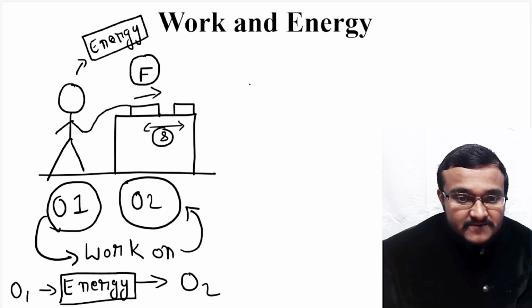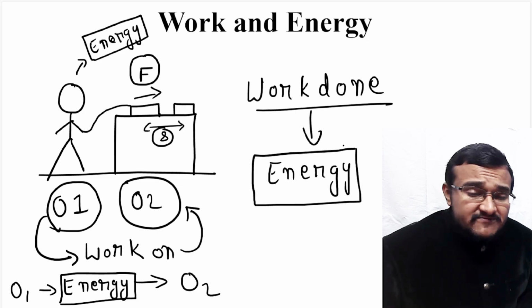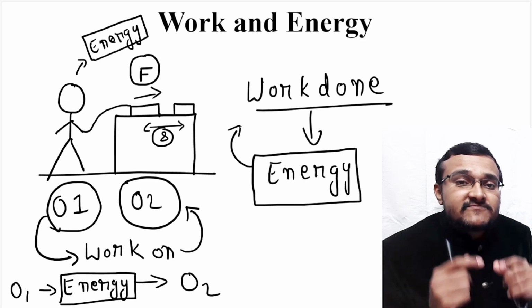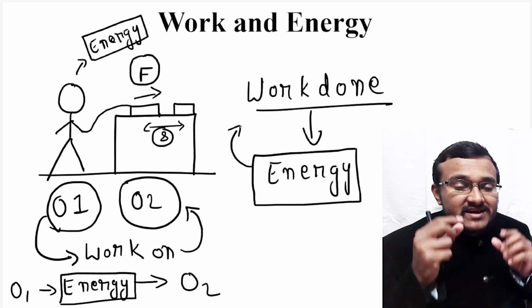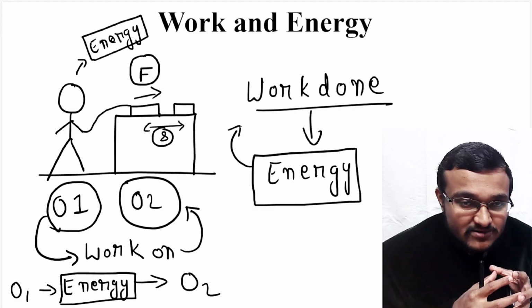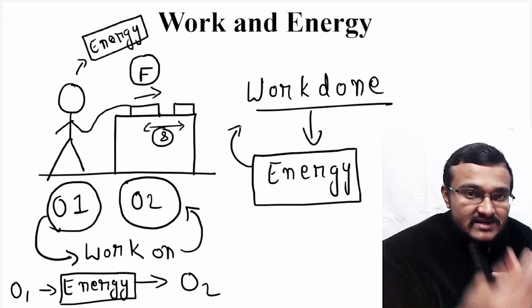So work done is nothing but energy. In physics we always see that energy is related with work done, because the energy which is stored in a particular object, with that energy it does some work on another object.